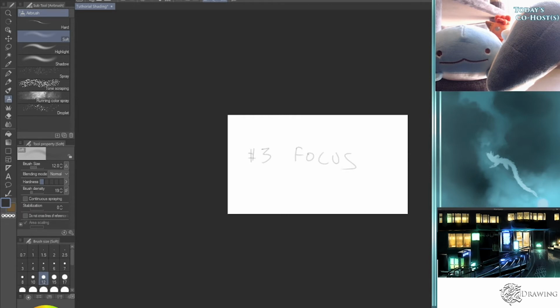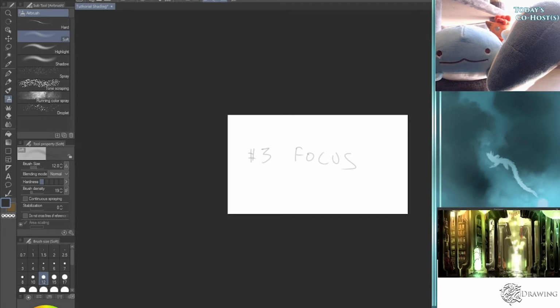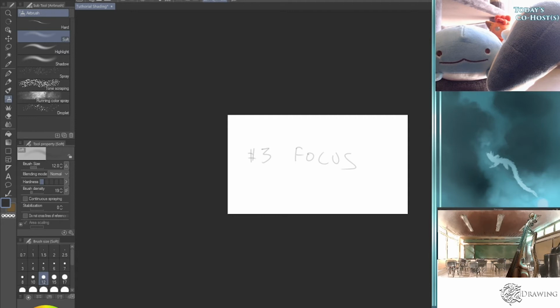Now, if you had to prioritize these, I would still say volume is most important, light direction is second most important, and focus is third most important. But you really should have all of them.